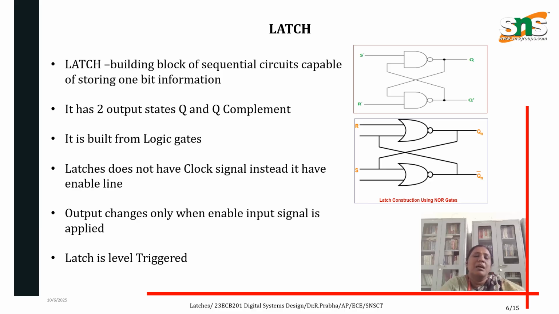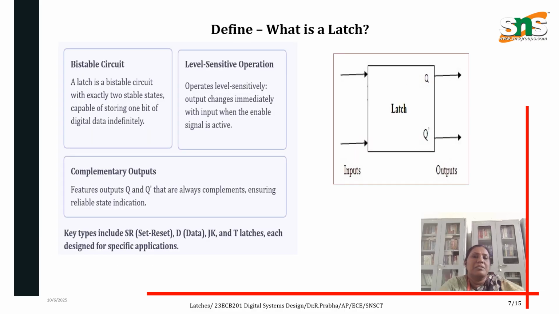And a latch does not require a clock signal, but instead it has an enable signal, and output changes only when the enable input signal is applied, and the latch is always a level triggered device. And a latch is a bistable device which has inputs and two outputs, and it is level sensitive so that the output will be reliable, and the Q and Q bar are always complement to each other. This also ensures the reliability.